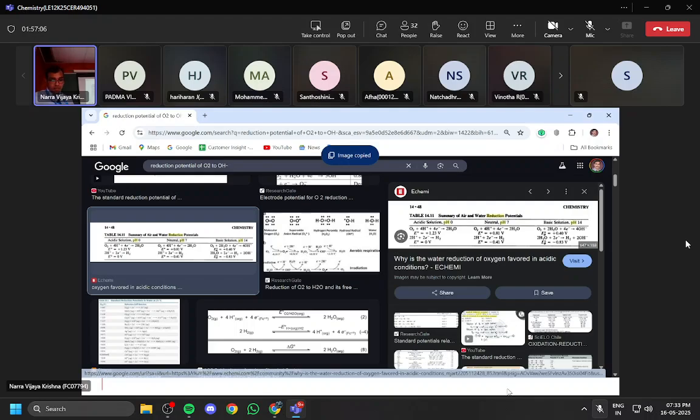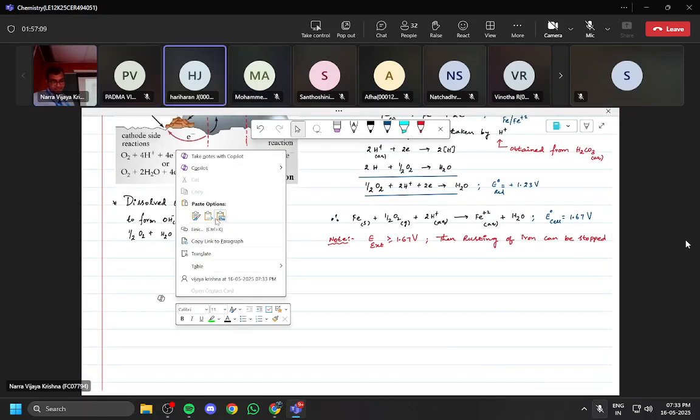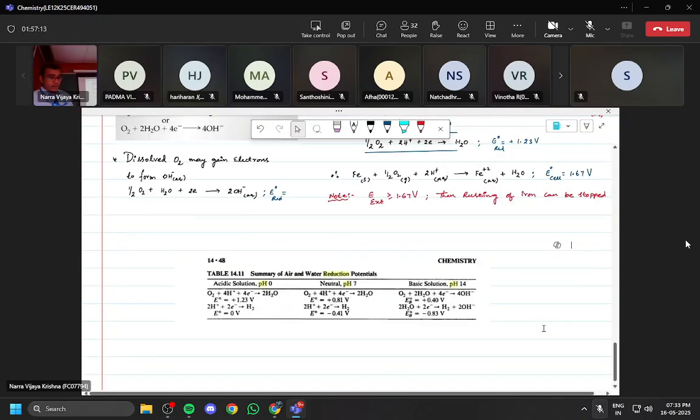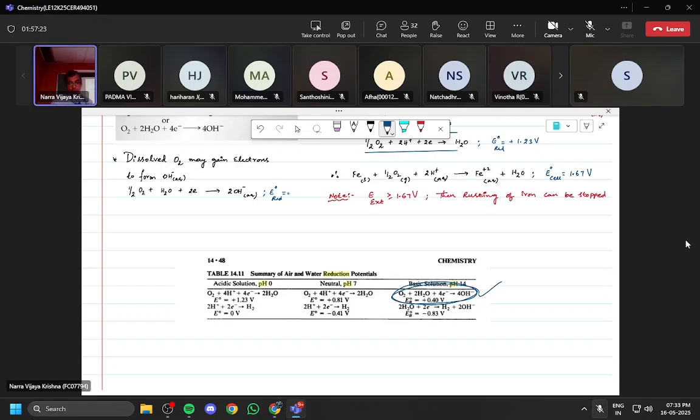Is anyone online responding? Yes, sir. Clear? I am talking about this reaction, not all, only this one. Whether this and this both are same or not. So what is this one? Plus 0.4 volts.